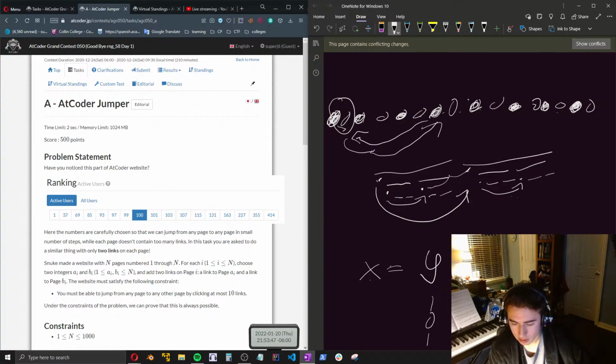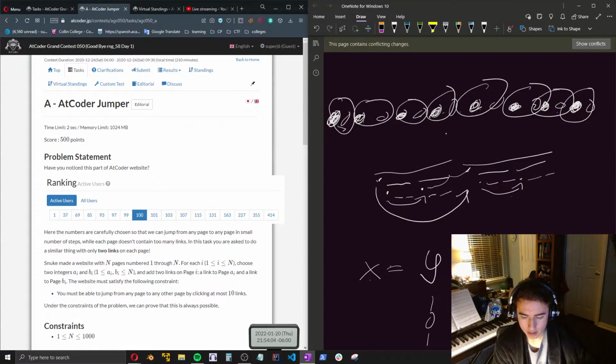Now you just keep this up. What if every two adjacent nodes are going to each other like that? Now they each have two more, right?